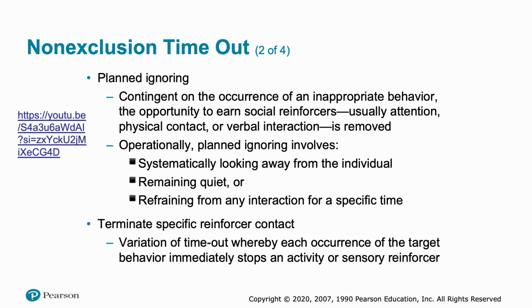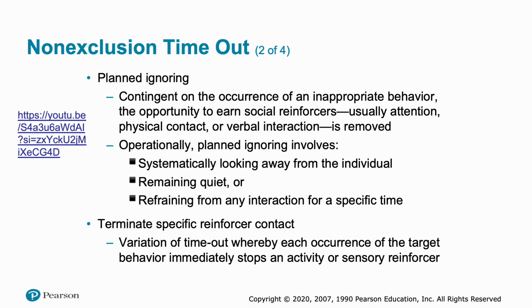So, one of the things that I want to talk to you guys about is the ethics of implementing something such as planned ignoring. If this is an intervention that we are discussing, it's because it's an evidence-based practice. There has been a lot of research conducted on this intervention that shows it's effective. However, there is not a lot of research on the long-term effects of this intervention.